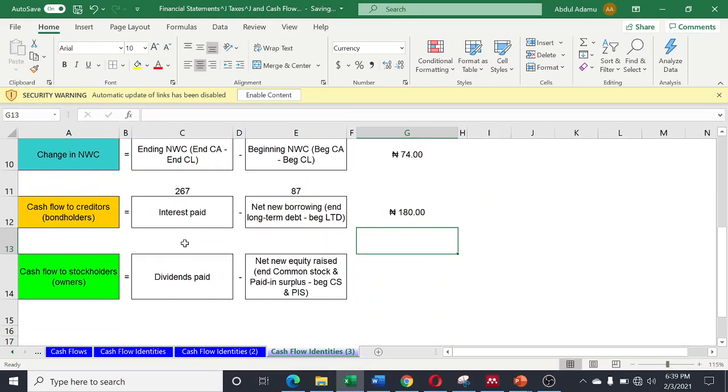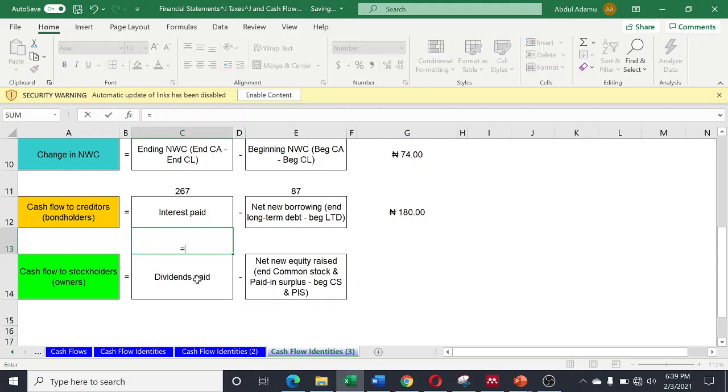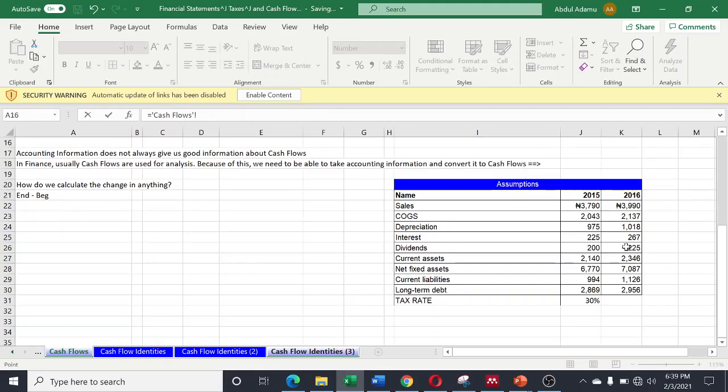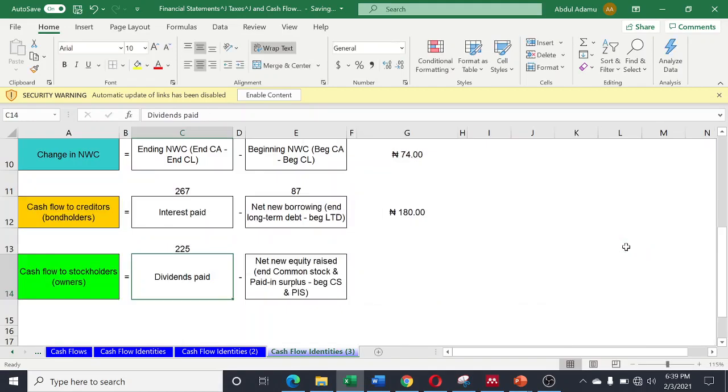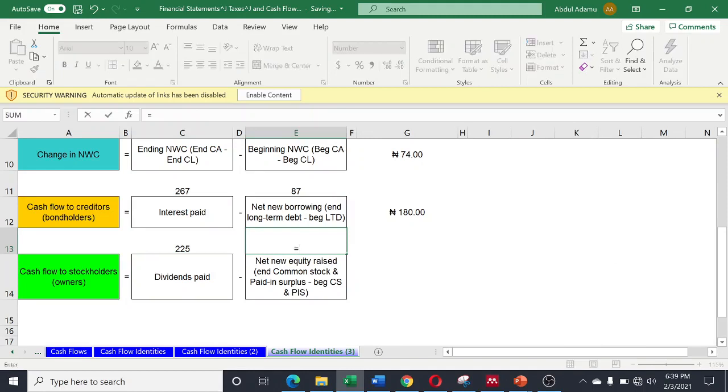Then finally, we have cash flow to stockholder. This is equals to dividend paid. Dividend paid is this. We have net equity raised, that is end common stock minus beginning common stock.